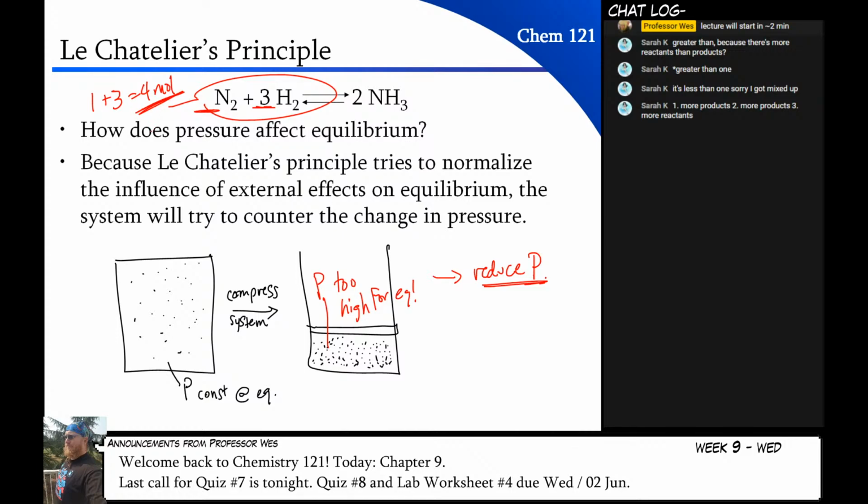So there are 4 moles of reactants if I had only reactants. If I only had products, though, I would only have 2 moles of products, which has a lower pressure. 4 moles of gas in a container, or 2 moles of gas in a container.